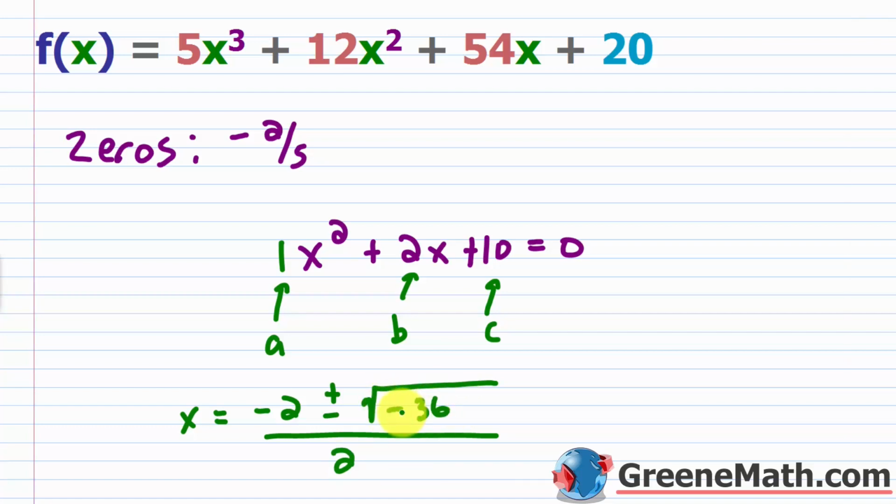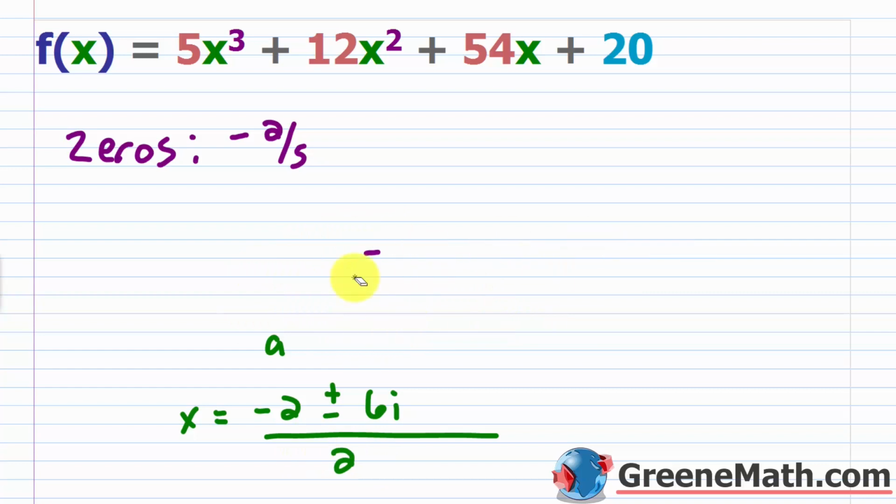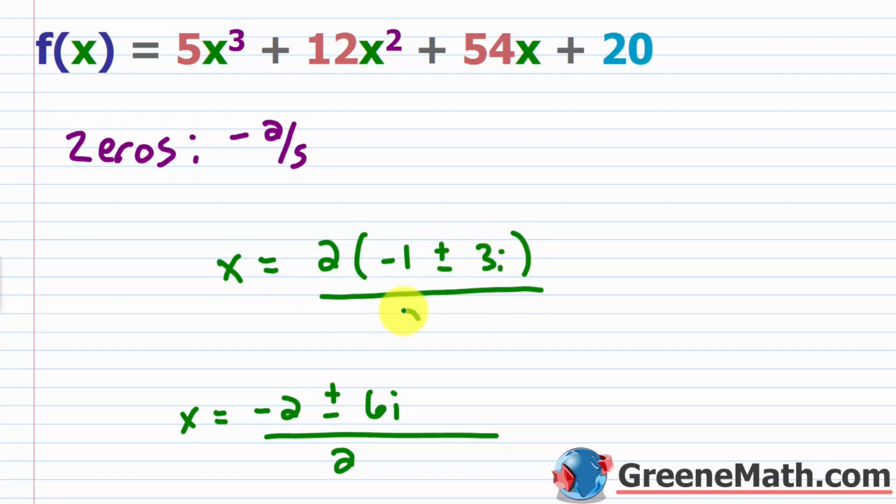And we know if we pull that negative out, it would be i, right? The imaginary unit. So I can say this is i times the square root of 36, which is 6. So you can put 6i here. And basically you could factor out a 2. Let me erase this. We don't need this anymore. You could factor out a 2. And so you could say x is equal to, put a 2 out here. And then inside the parentheses, you would have -1 plus or minus 3i, and then over 2.